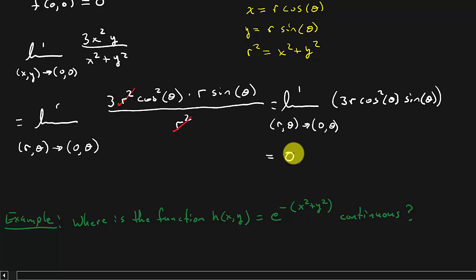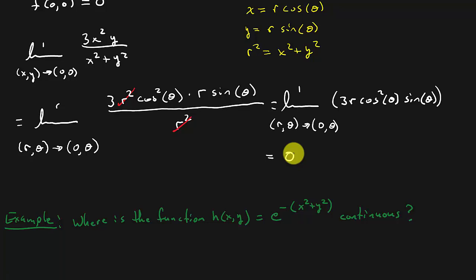You see that? And so that's our limit. Okay, so you can switch to polar coordinates, and you just take the limit as (r, theta) goes to (0, theta).